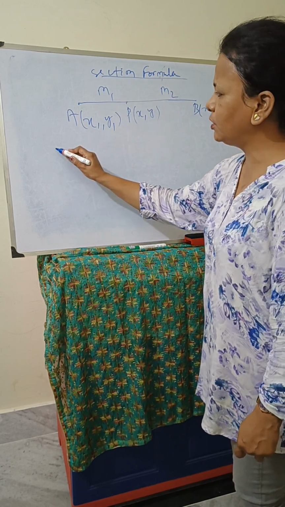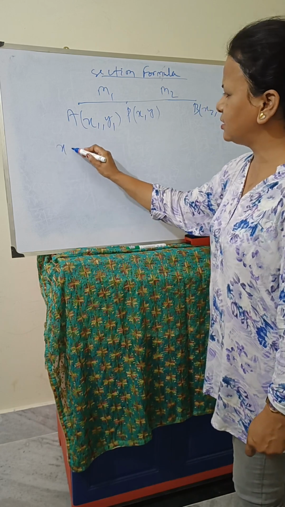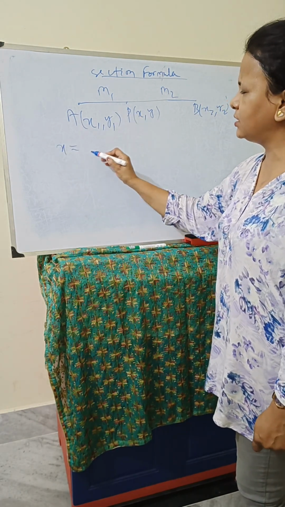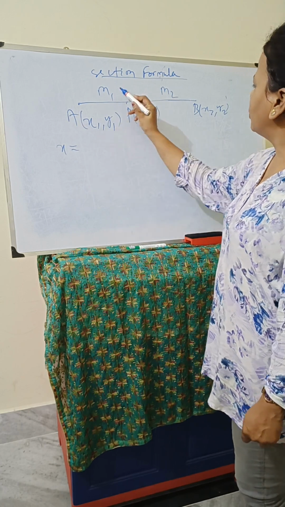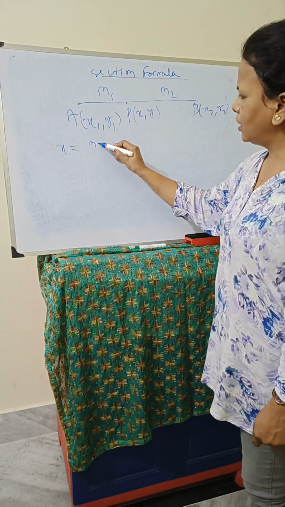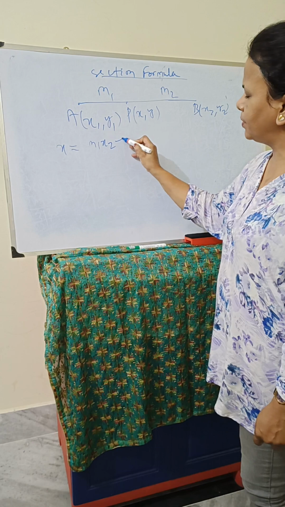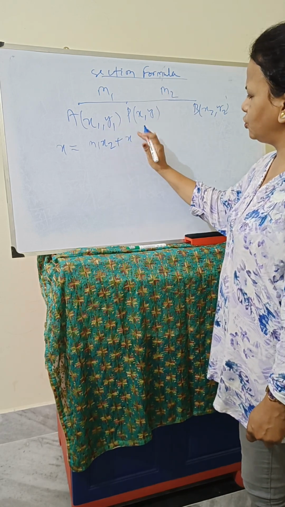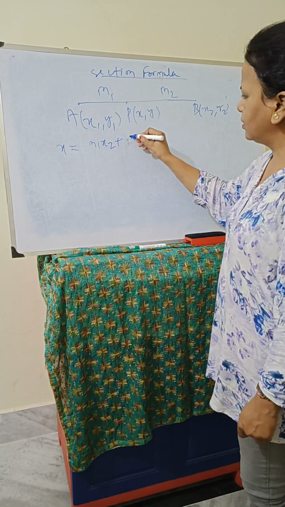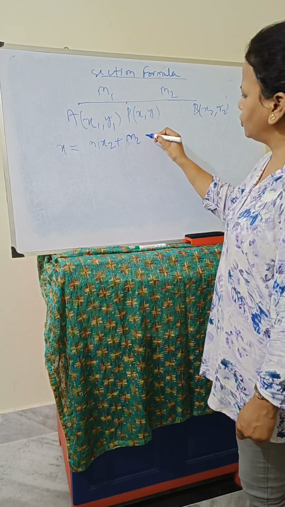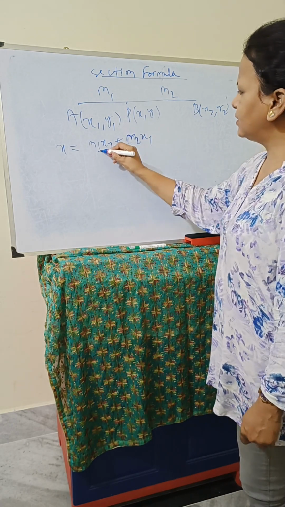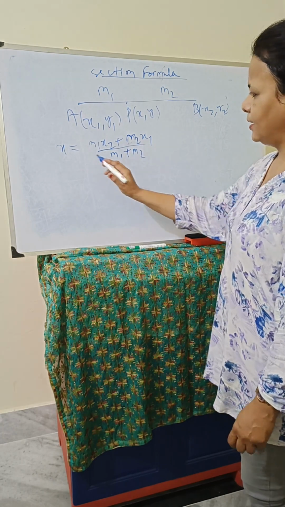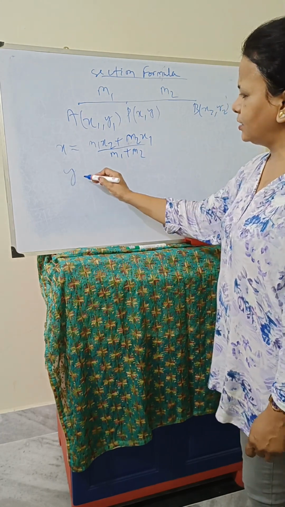So there is the formula. Remember, x means the coordinate of this point. X coordinate is equal to m1 x2 plus m2 x1, divided by m1 plus m2. And y coordinate, how to get?